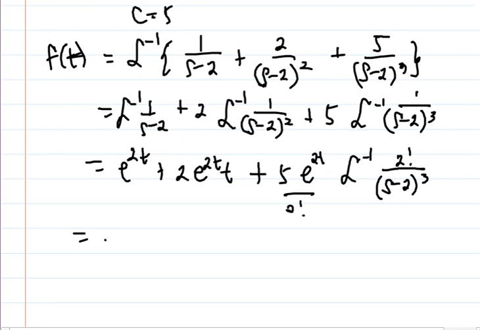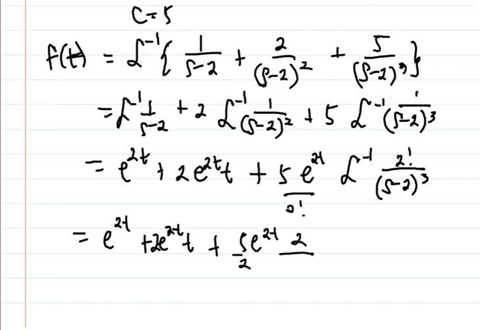So this is equal to e raised to 2t plus 2t e raised to 2t, plus 5 over 2 e raised to 2t multiplied by the inverse Laplace transform of 2 all over s cubed, and that is equal to t squared.